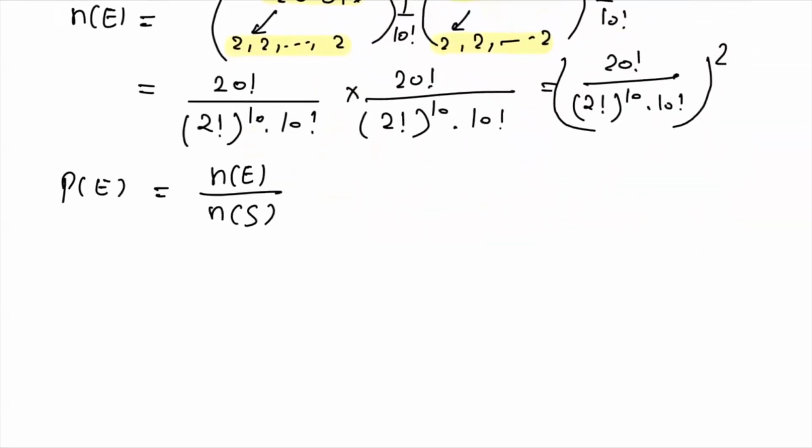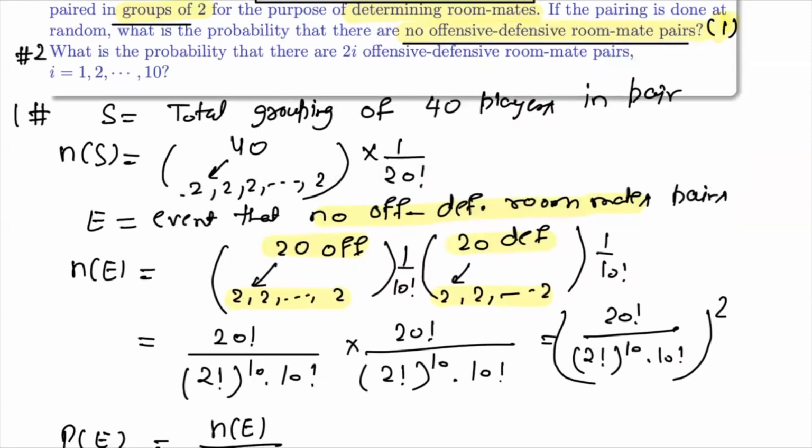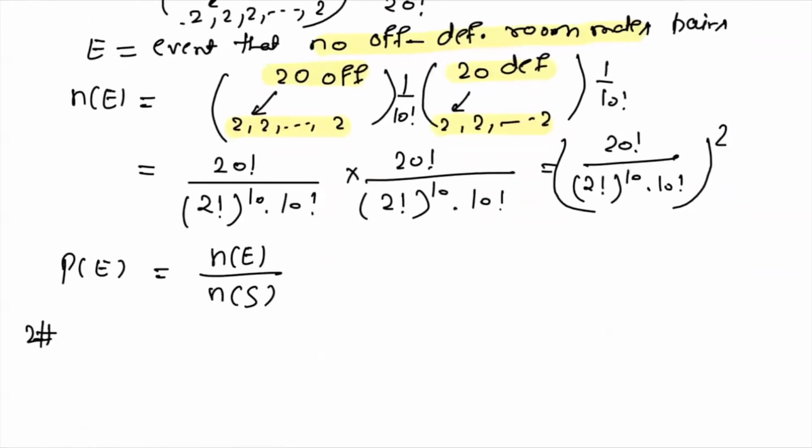Next, in the second case, number 2, let me read the question once more. What is the probability that 2I offensive and defensive roommate pairs? Out of 40, you need to have 2I offensive and defensive pairs.